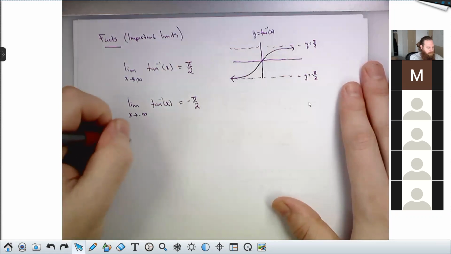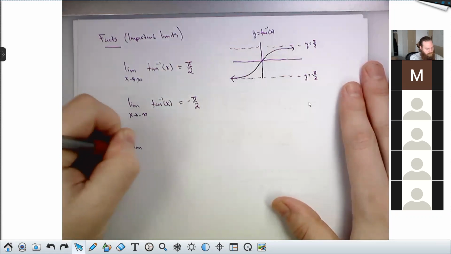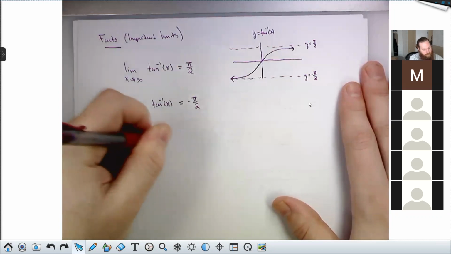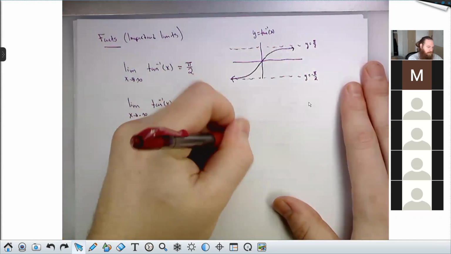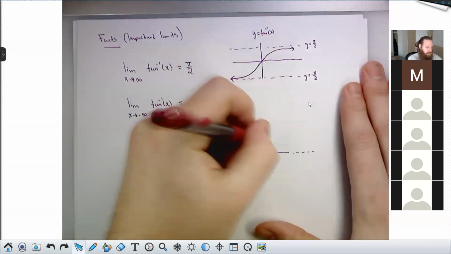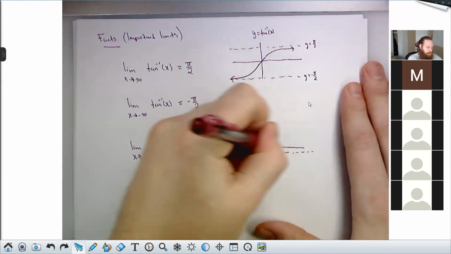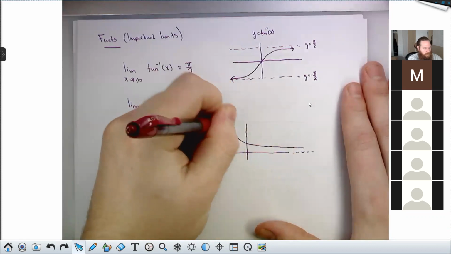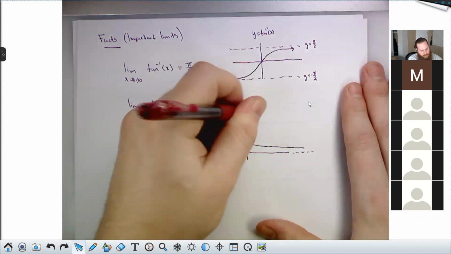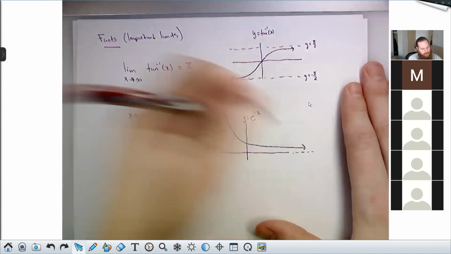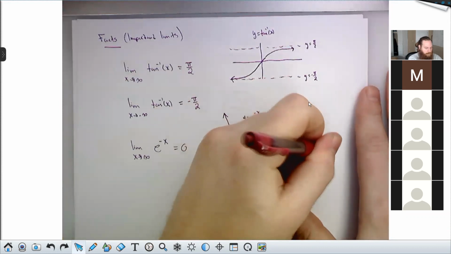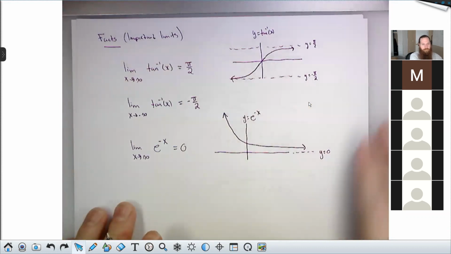Another important one, the limit as x goes to positive infinity of e to the negative x. That's 0. Here's the graph, y equals e to the negative x. This horizontal asymptote is the line y equals 0.